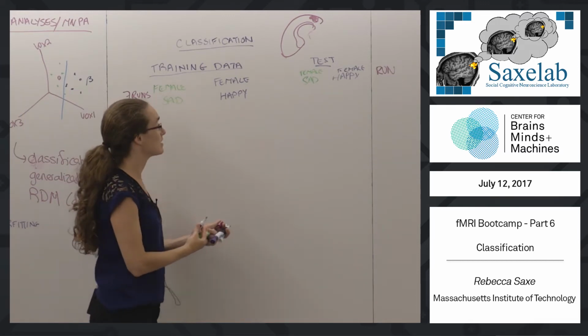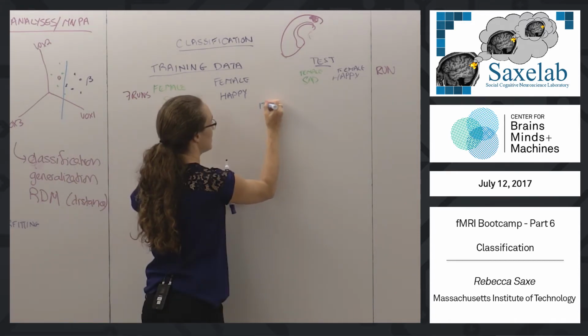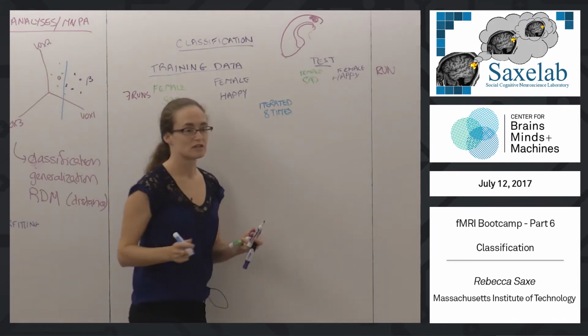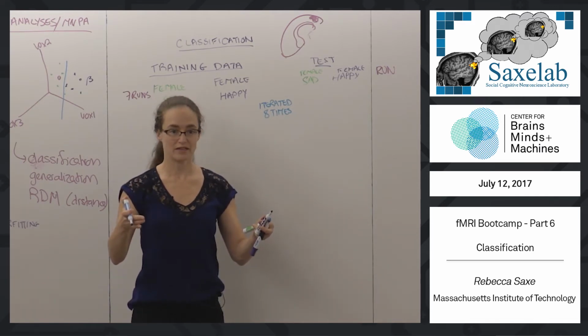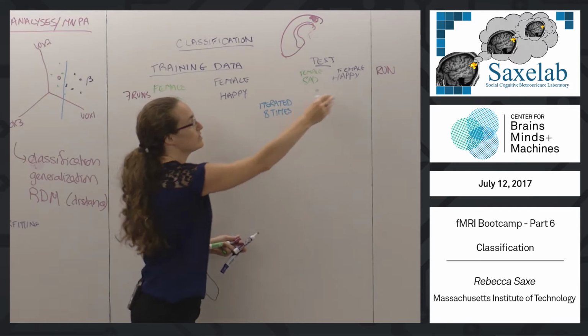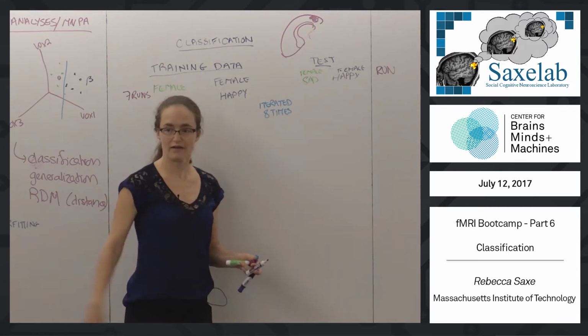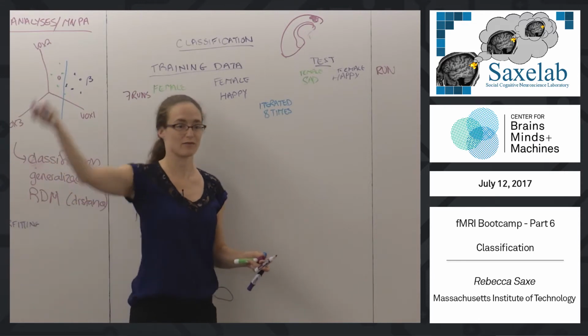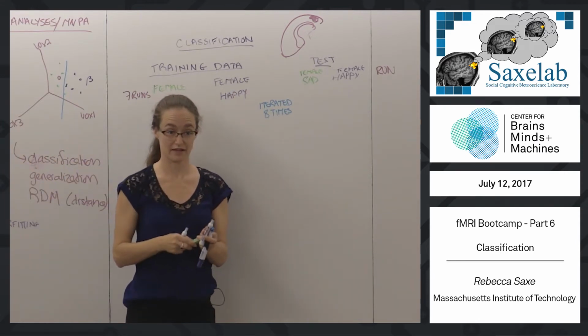And then the first thing is, we do this whole procedure 8 times. So that means you got 0, 1, or 2 the first time we did this, and then we switch which run is the left out run. So we take that run, we put it back in the training set, take a different run, put it in the test, train on the 7 runs, test on the left out run.